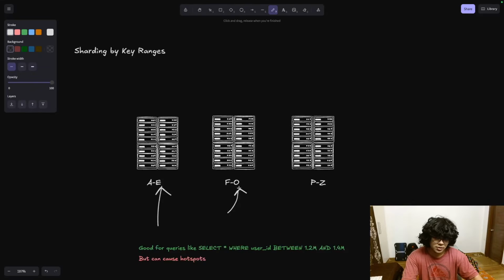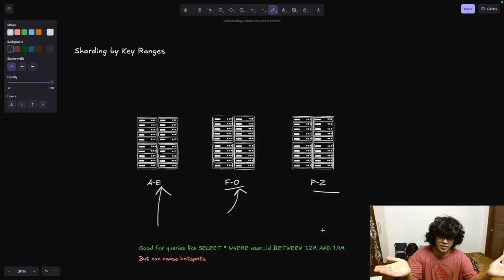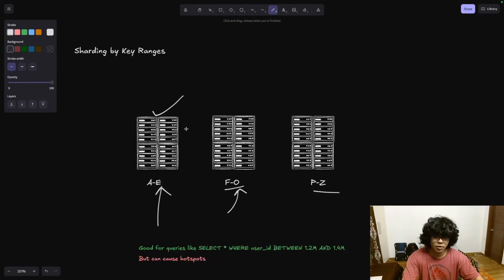You're only getting 1k requests per second on this shard, and 500 requests per second on this shard, because very few people have their names starting with the alphabet Z. In this case, you've removed the whole purpose of sharding, because in the end you broke your DB down into 3 DBs, and even then one of your DBs is getting all of the load. That's not pretty good. So that is one of the problems with key range sharding, if that is how you shard your DB.